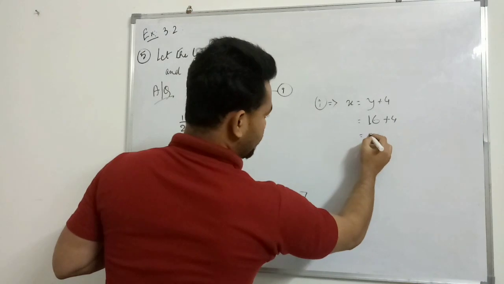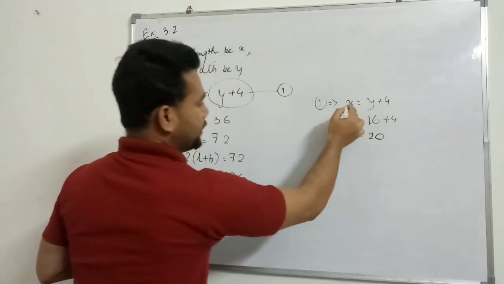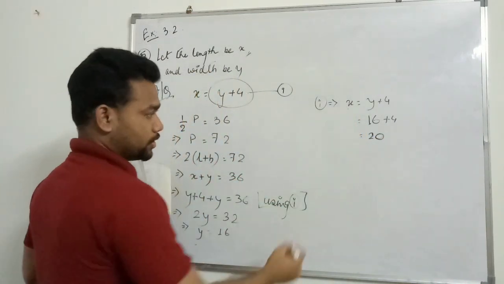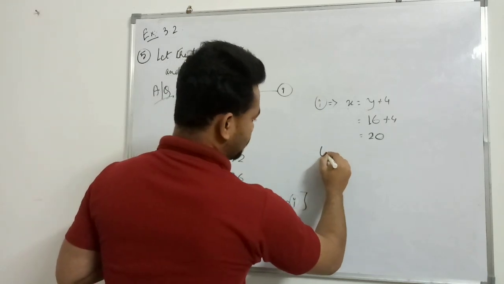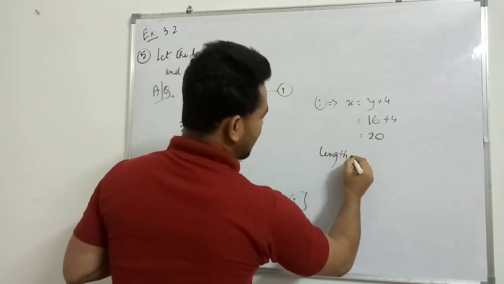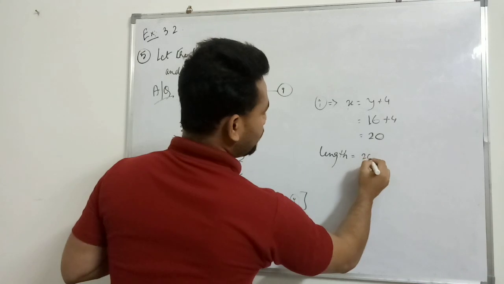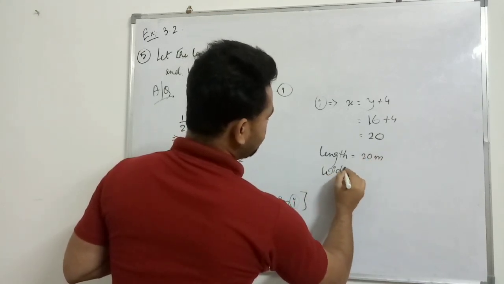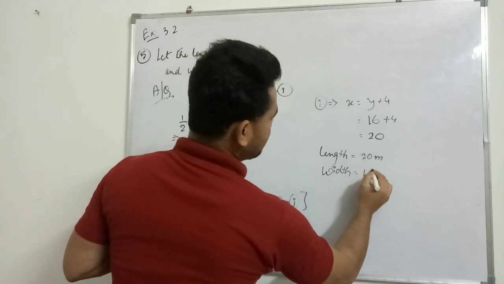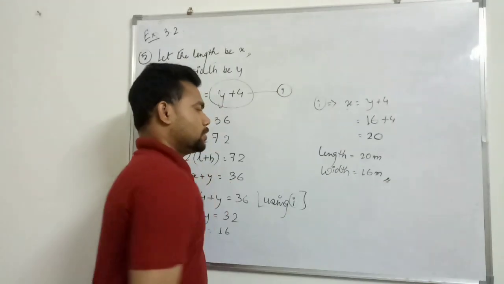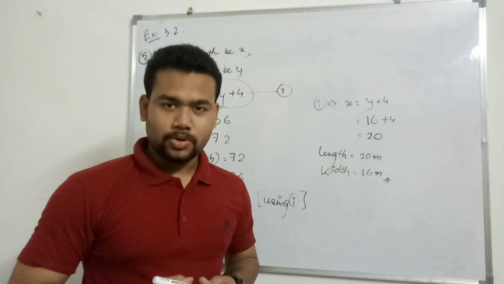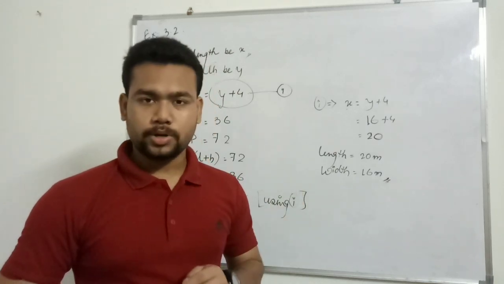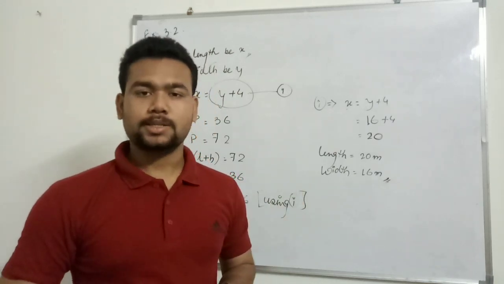So we have found their respective length and breadth: length is equal to 20 meters and width is equal to 16 meters. So you're done with the question, right? This was the most important question from this exercise.